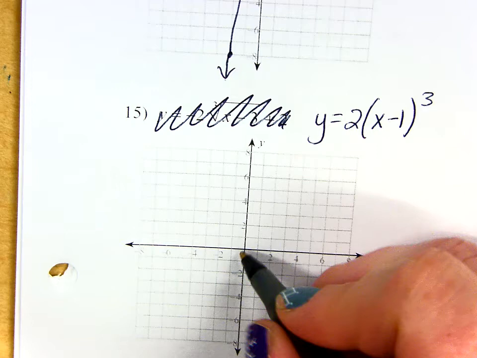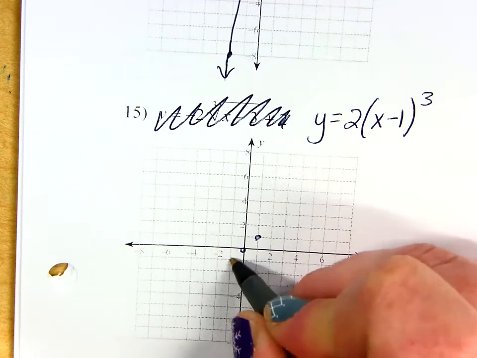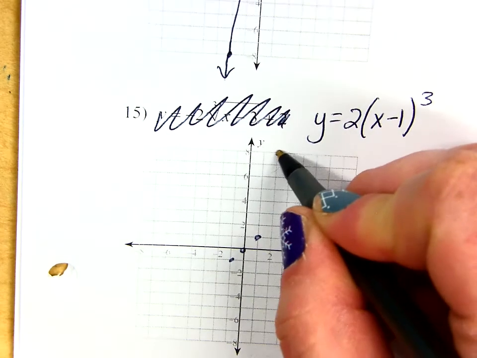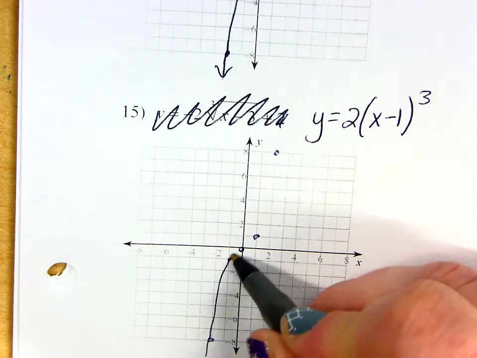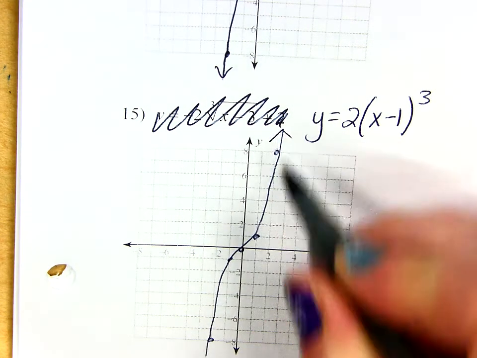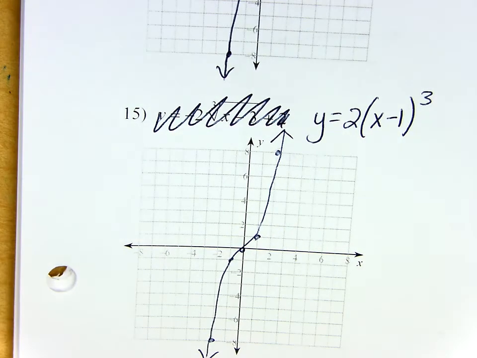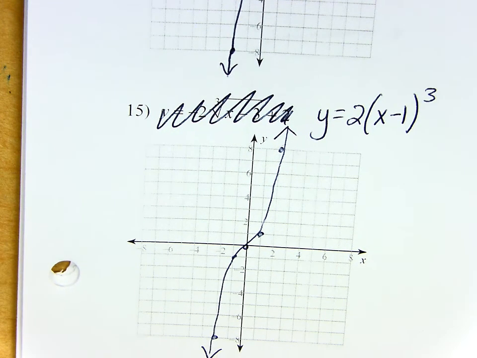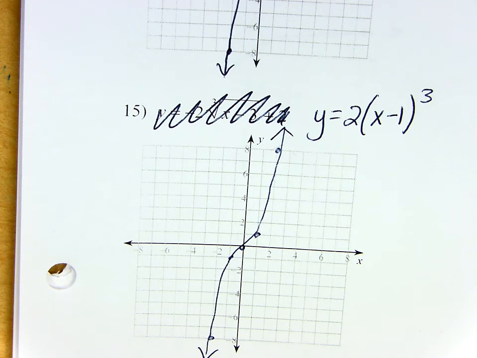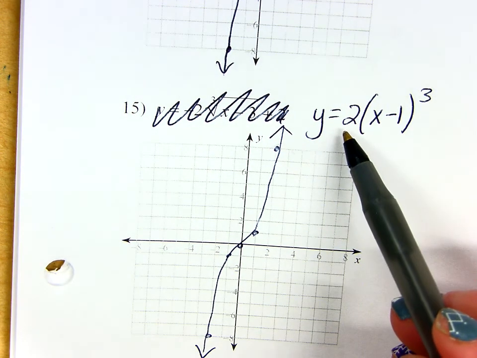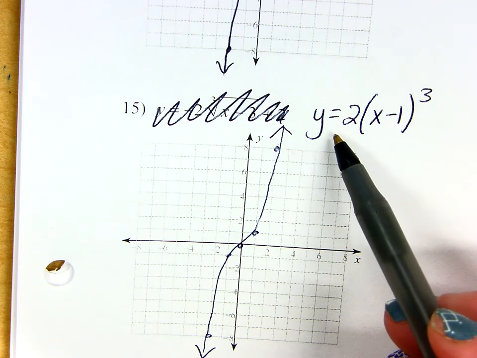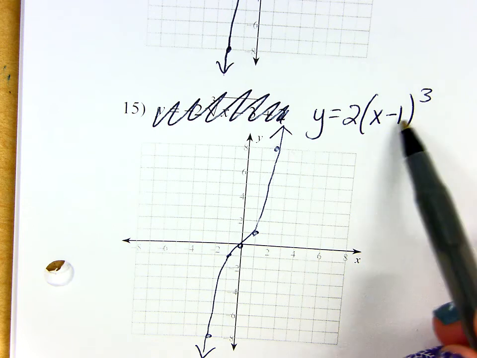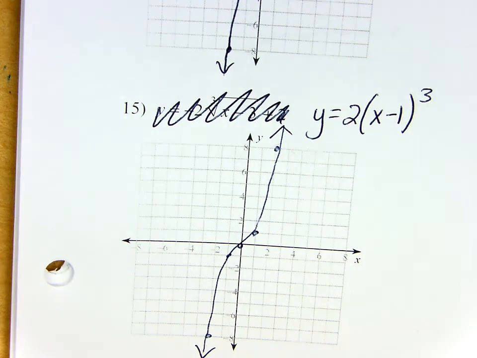So we'll start with the parent. The 2 out in front means I have to multiply all my y values by 2, okay? And then I'll worry about this later. So let's concentrate on the multiplying by 2.